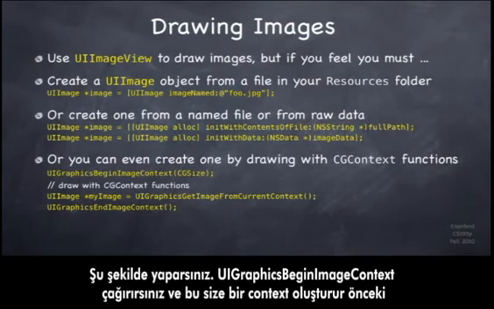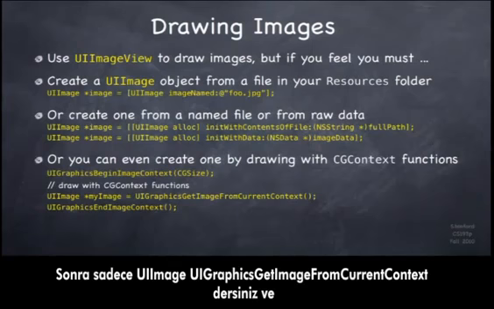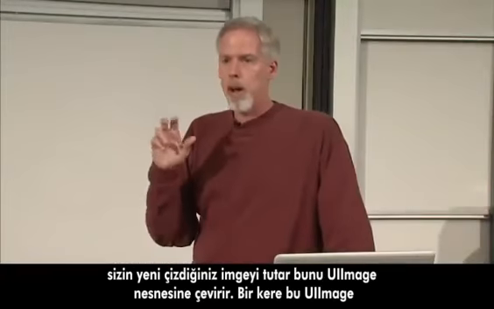This is how you do that. You call this UI graphics begin image context, and it will change the current context to be an off-screen bitmap. And then you can just draw in it with CG, add line to, all these things. And then you just say UI graphics get image from current context, and it will grab that image that you just drew and turn it into a UI image object.